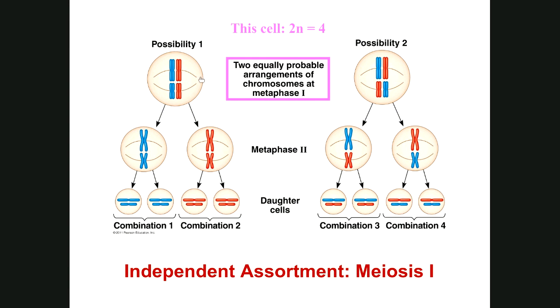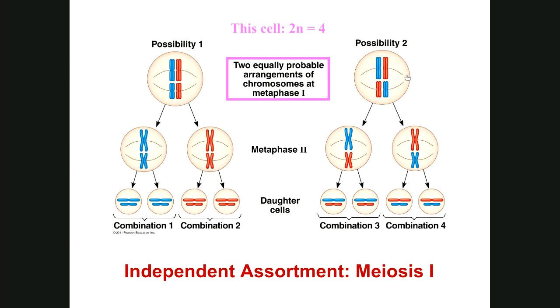However, how this tetrad here made up of a homologous pair and how this tetrad right below made up of a homologous pair align, in terms of which side the maternal and the paternal DNA is positioned, it's independent, as they're showing you here. They could align this way or they could align this way to where we have both maternal and paternal facing in both directions. We call that independent assortment.